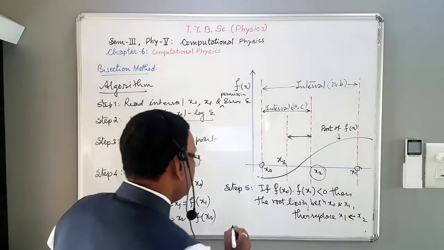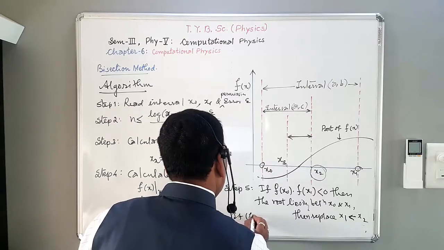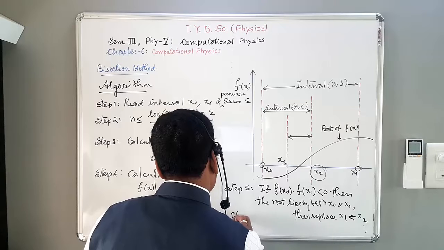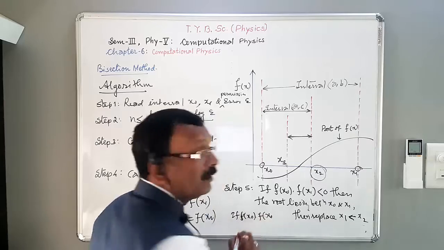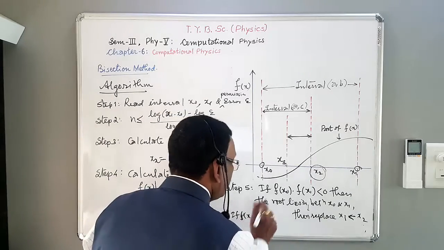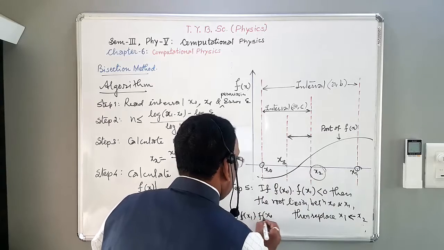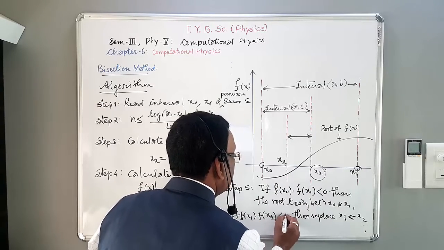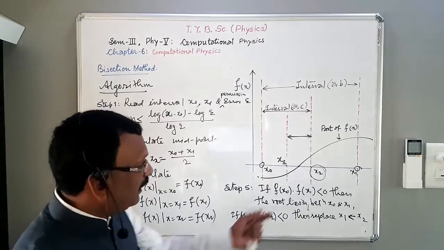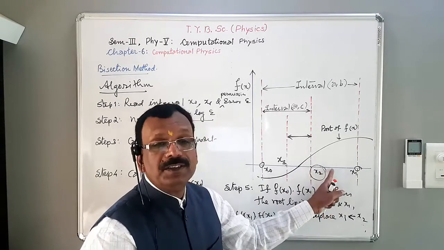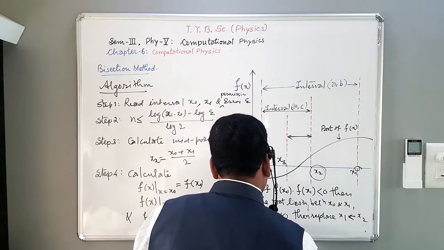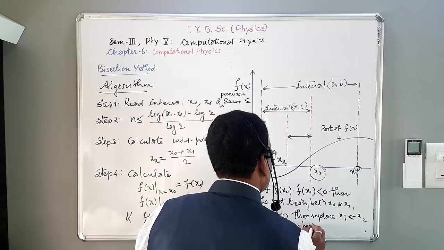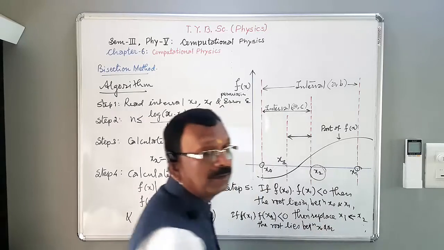If it is not so, that means if f of x1 into f of x2 is less than 0, then the root lies between x1 and x2.